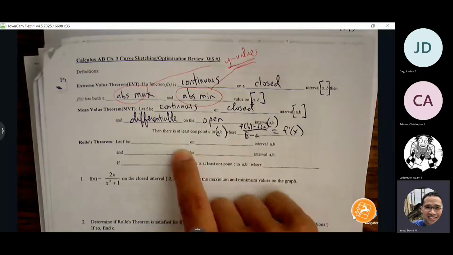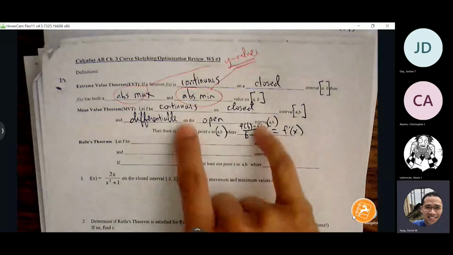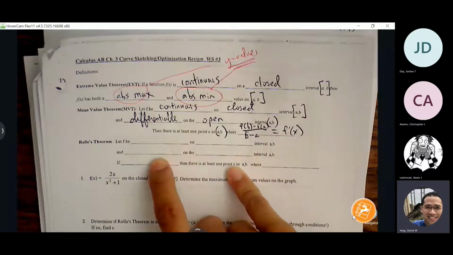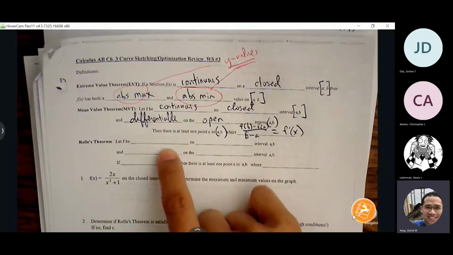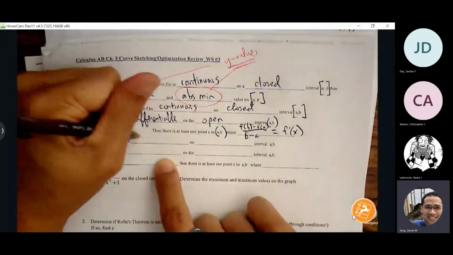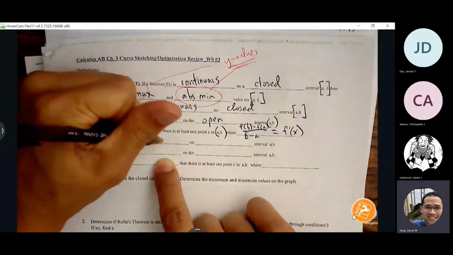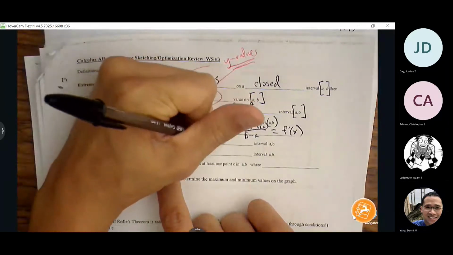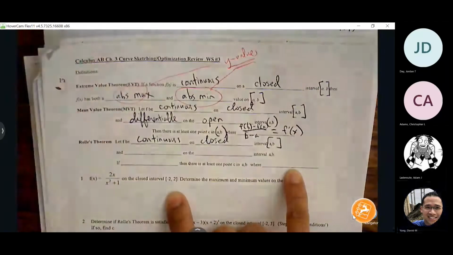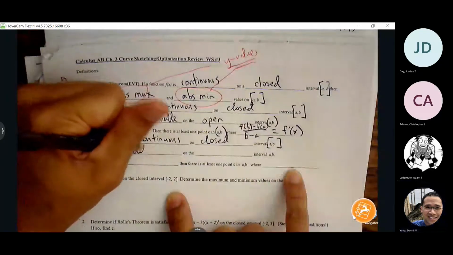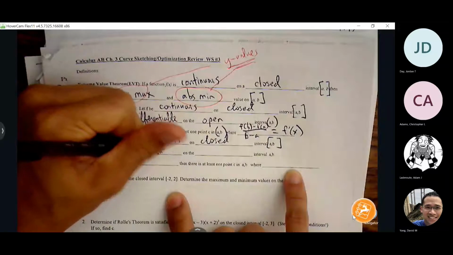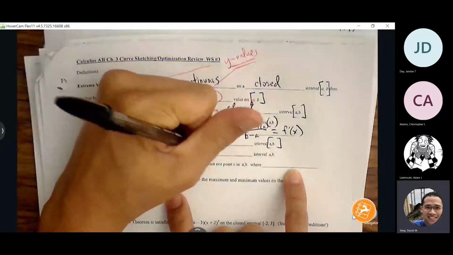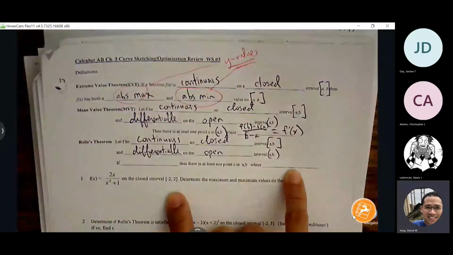Okay, Rolle's theorem is virtually the same theorem. We just have a very specific slope that we're looking for, slope 0. So continuous on the closed interval, bracket, differentiable on the open interval, parentheses.